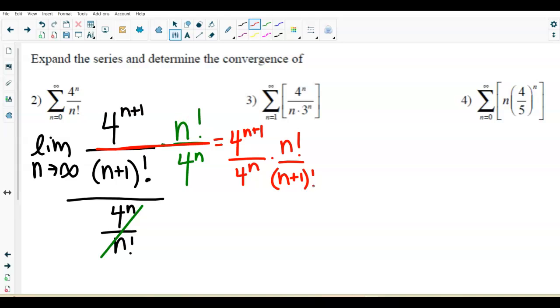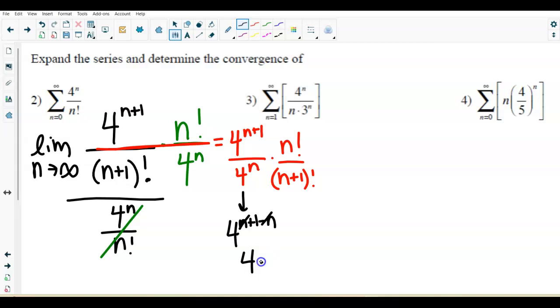But then we can see with our common bases of 4, we can actually subtract our exponents. So n plus the top exponent minus the bottom exponent, right, when you have same bases. And so this actually simplifies, our n's cancel out. This just simplifies to 4 to the first power, which is 4.